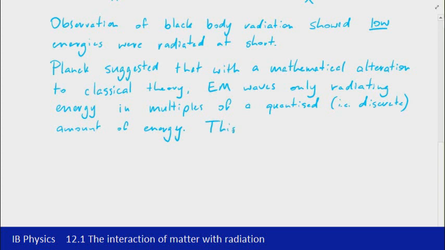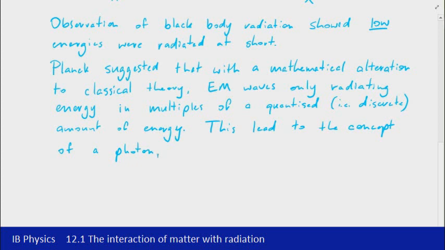It wasn't until Einstein came along and applied that to a phenomenon that we'll look at in the next video that it was shown that it wasn't just a quirk of the maths. There was actually a physical interpretation. And that interpretation led to the concept of a photon.